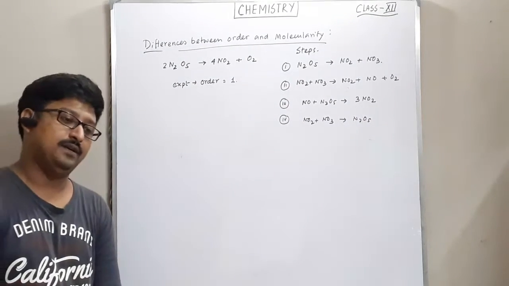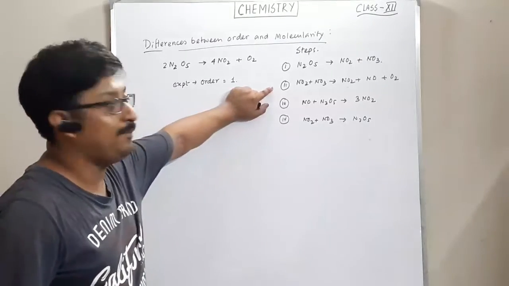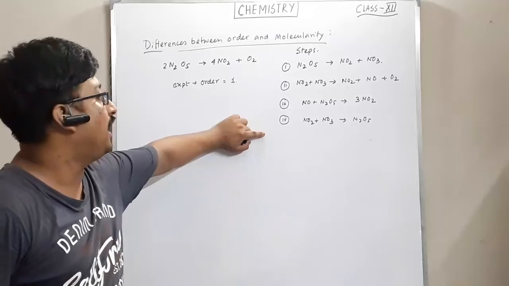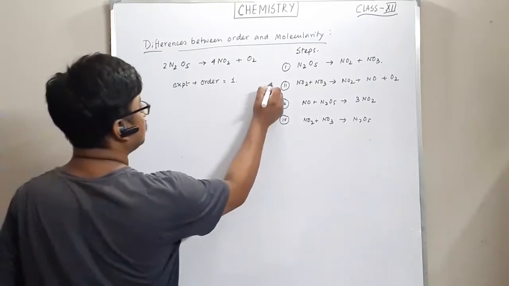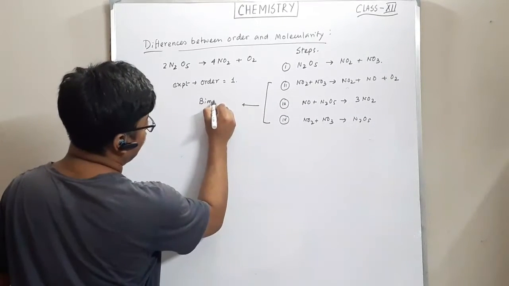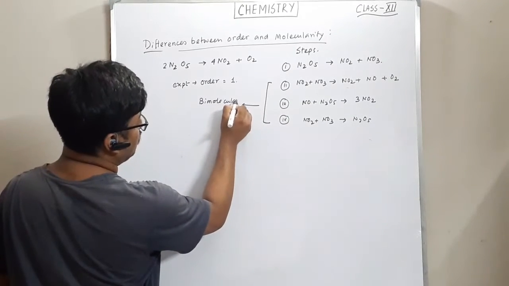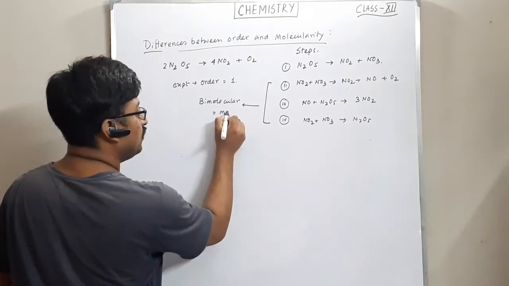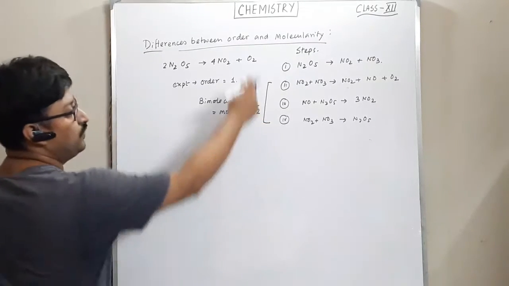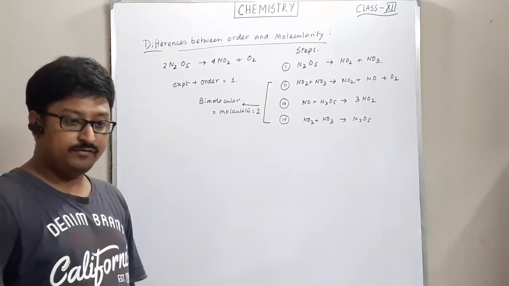Now if we look, steps 2, 3 and 4 are bimolecular, that is, molecularity is equal to 2 for these steps.